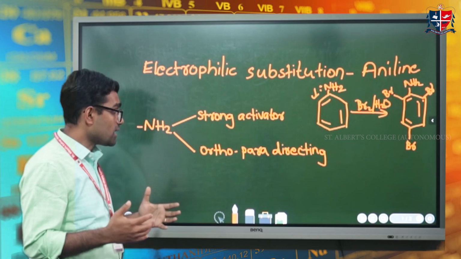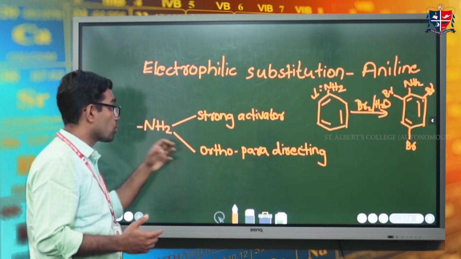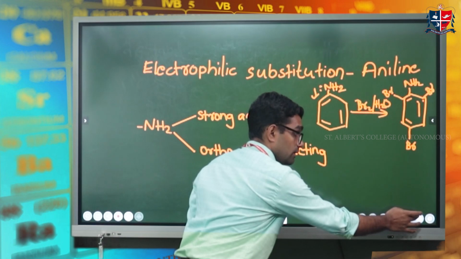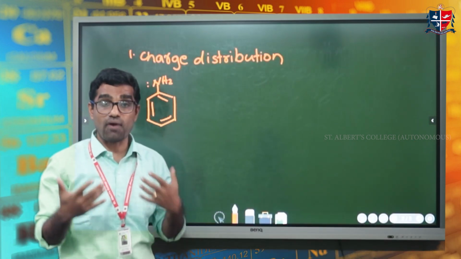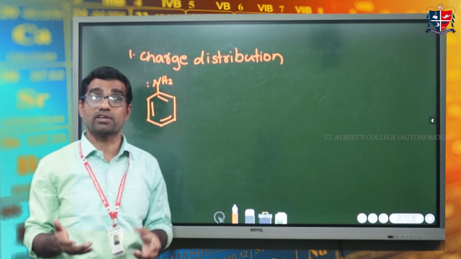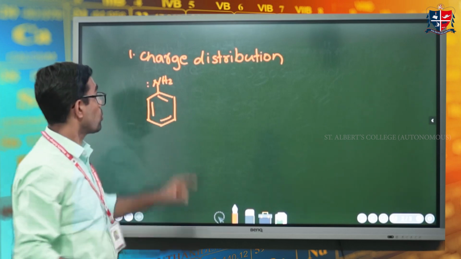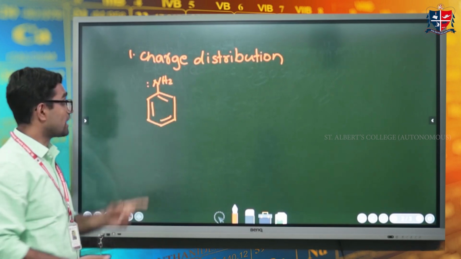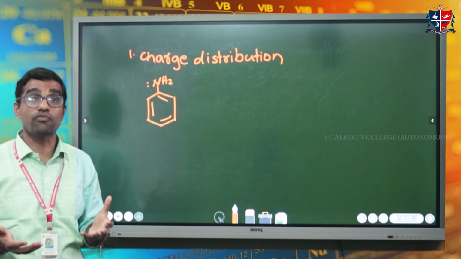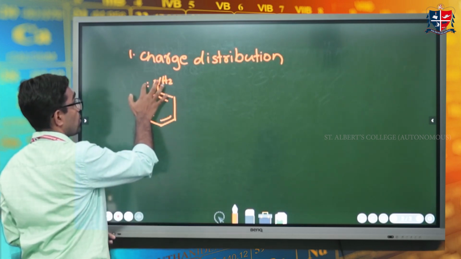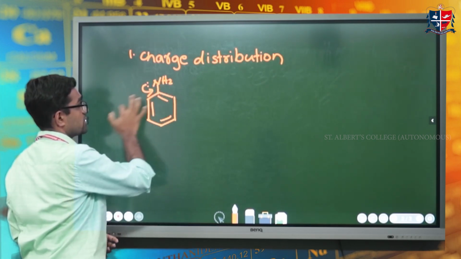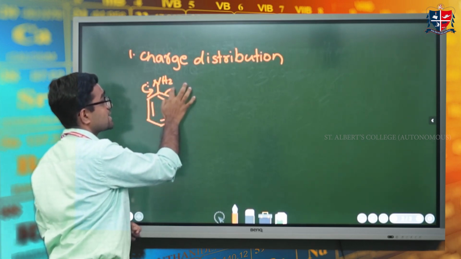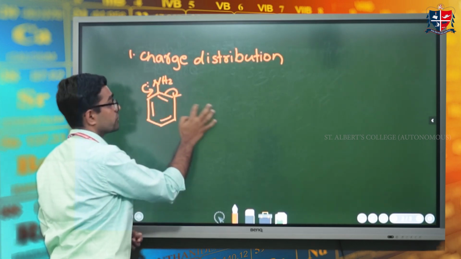Now, why do we say that the amino group is an ortho-para directing group? I can justify this ortho-para directing effect by two things. One is by charge distribution. When I draw the resonating structures of aniline, you see this lone pair, if it is donated, the double bond comes here.